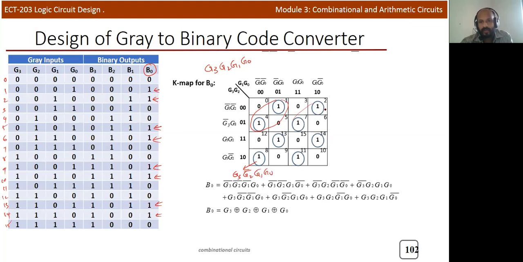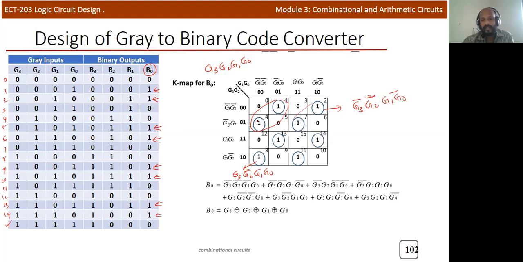Similarly, for each term, you need to write, okay, here for G3 bar, G2 bar, then for the next term, G1 and G0 bar. Similarly, you need to write all the 8 combinations, and you can simplify.